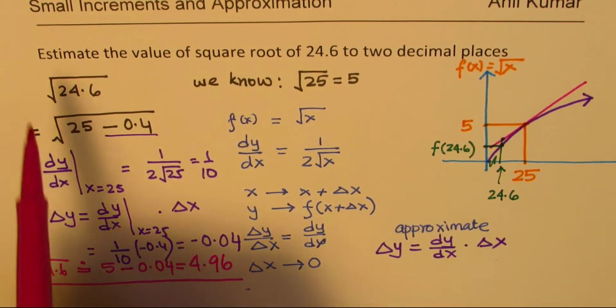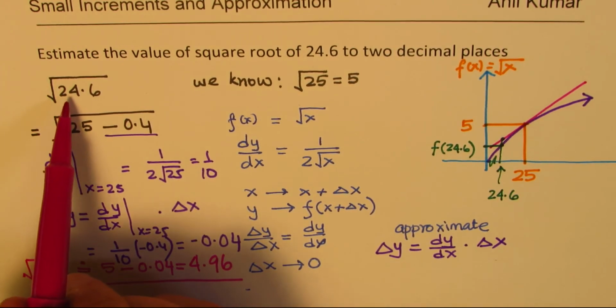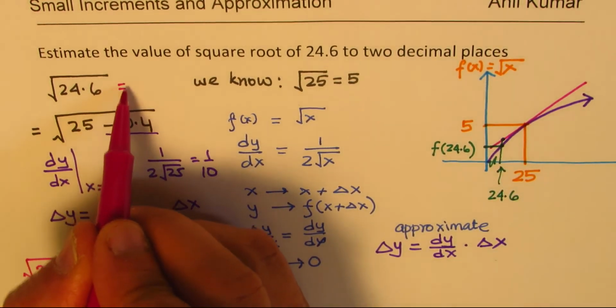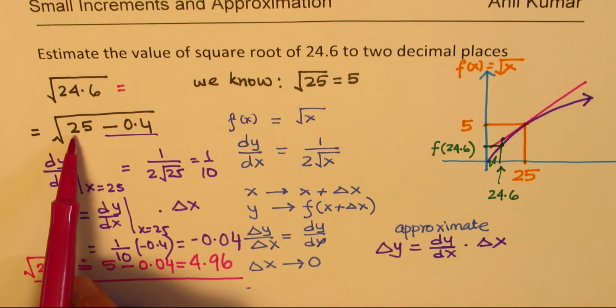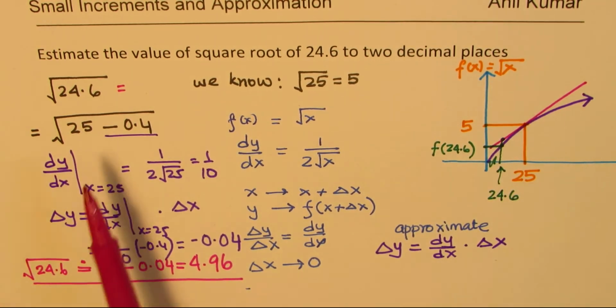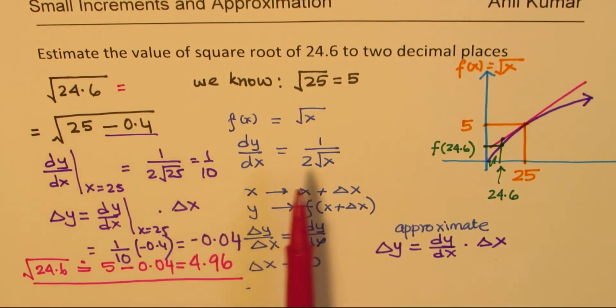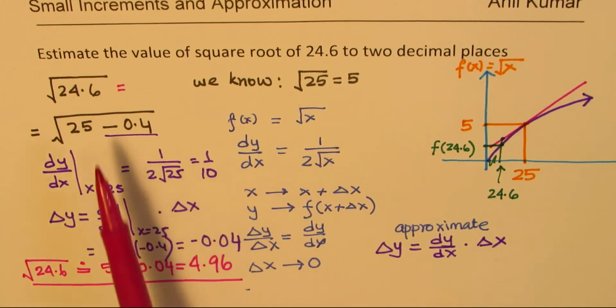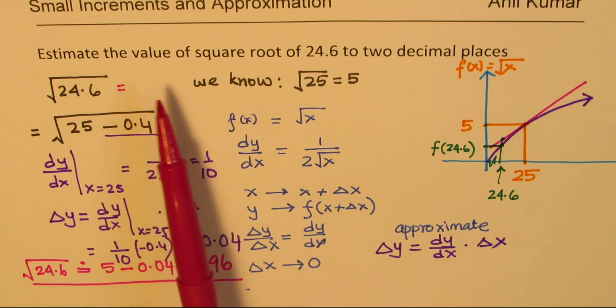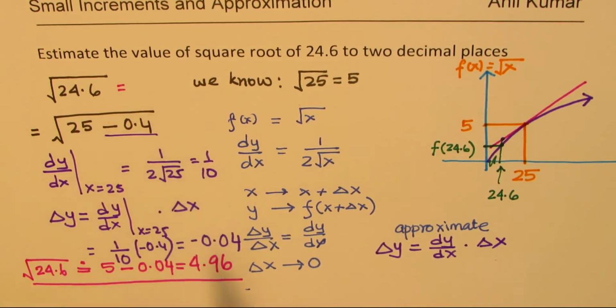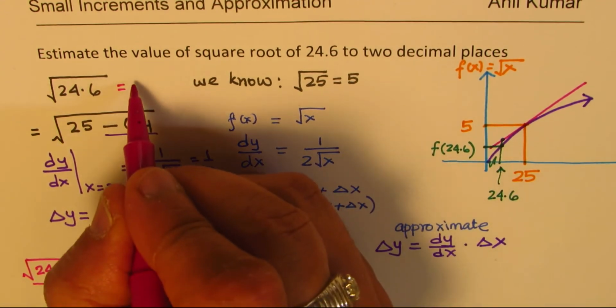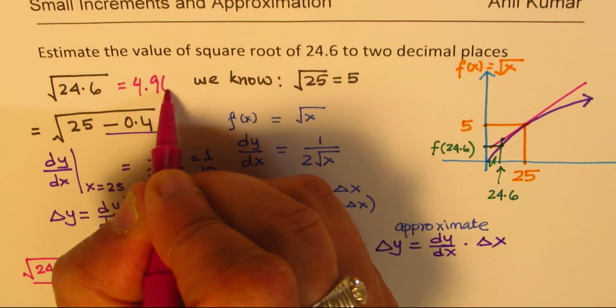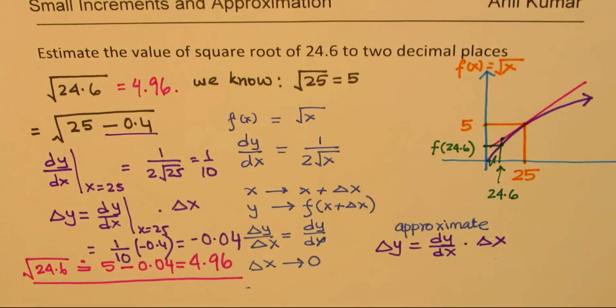So if I have to calculate square root of 24.6, for example, I will actually calculate square root of 25, and then using the rate of change for a small change in x value, I can find what will be the plus minus value, right? So in this case, it was 0.04 minus, so we deducted that and found this value to be 4.96. Is that clear? Correct?